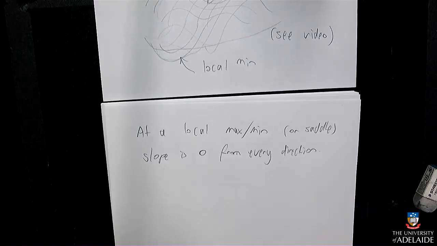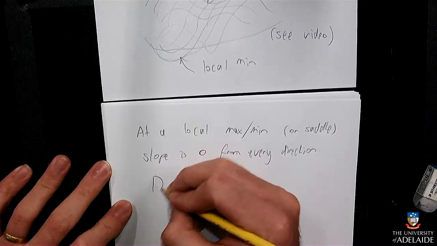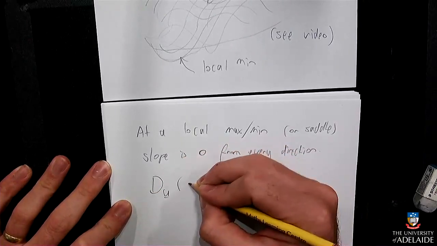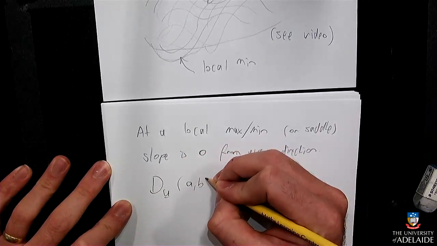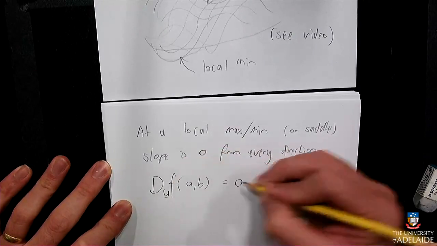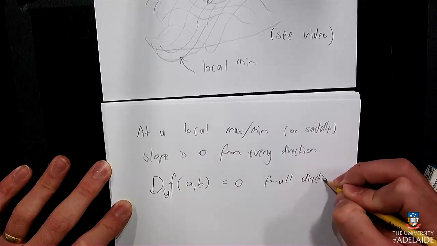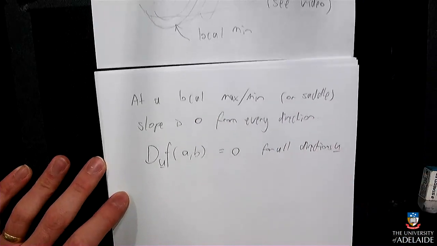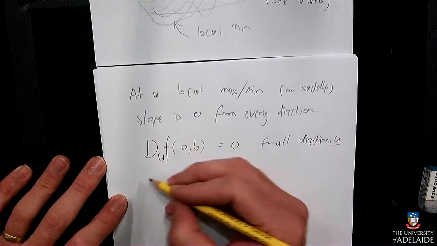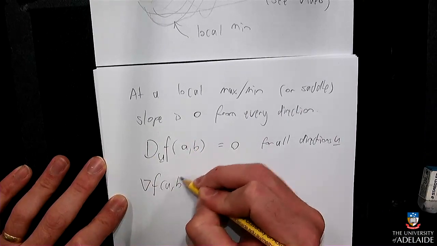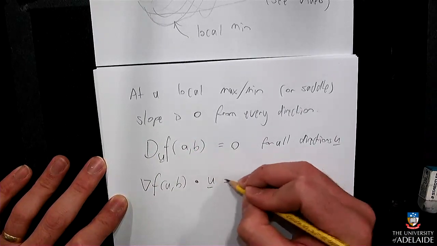And the way that you calculate a directional derivative is to do the dot product of the gradient with the direction that you're moving. So if you want the directional derivative in direction u at this point (a, b) of f to be 0 for all directions u, the thing is, this is the gradient of f at (a, b) dot with u.